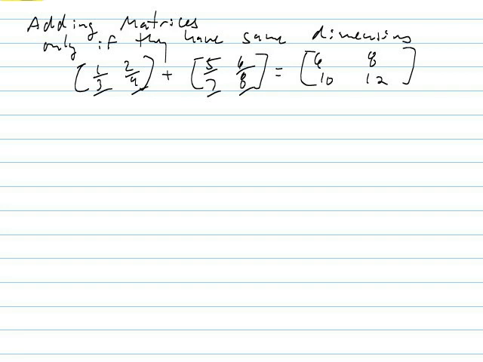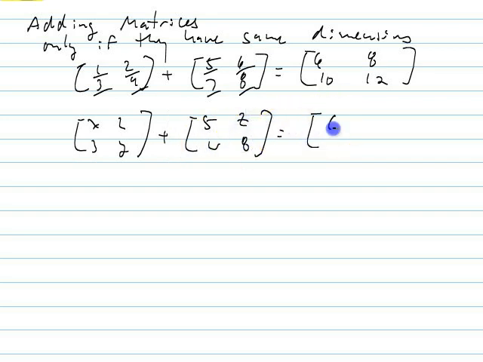We could do a little question that combines the two ideas of equality of matrices and of adding matrices. I could ask something like this: if x, 2, 3, y plus 5, z, w, 8 is equal to 6, 8, 10, 12, I could ask you to solve for w, x, y, and z.